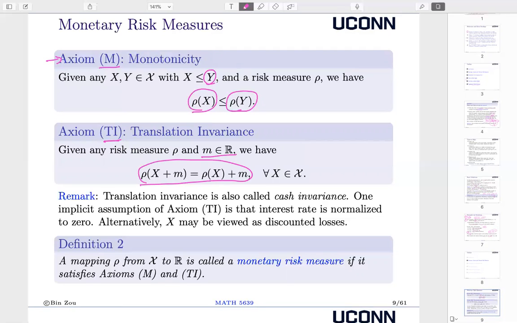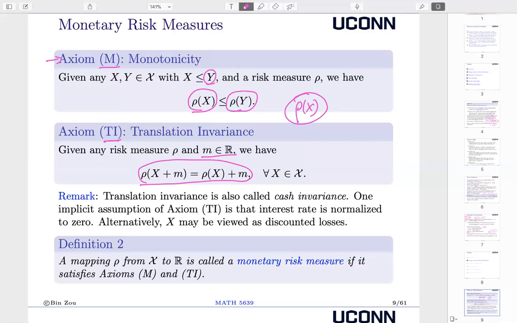So what is the understanding behind this? Let's say you are a central bank or regulator. After you measure risk, this is a number, right? So let's say X is the risk of an insurance company, and you are a regulator.